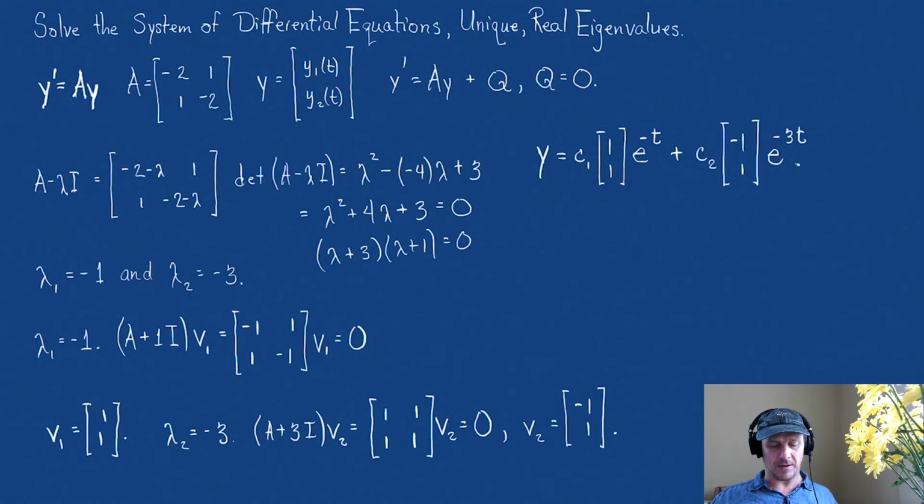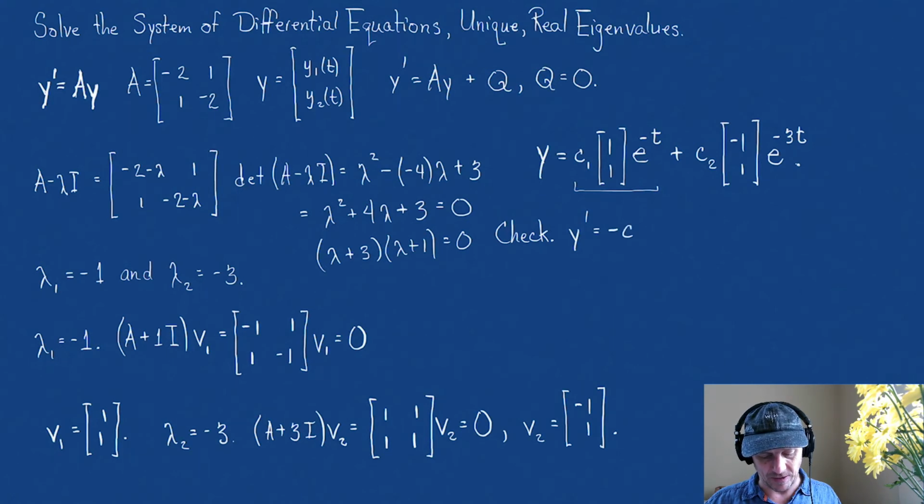Now, whenever you're working on one of these problems, if something's not right, you should always check. So let's check. Let's find y prime. Y prime just says we take the derivative of c1 e to the minus t, so that's going to give me a minus c1 times the vector 1, 1.